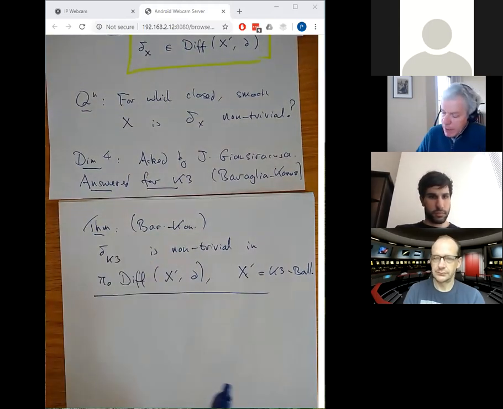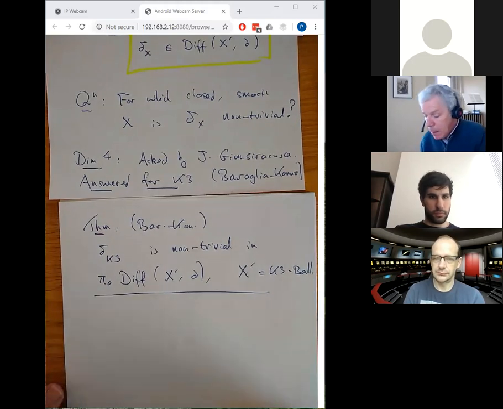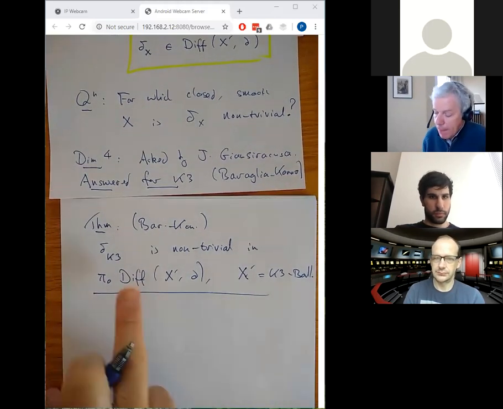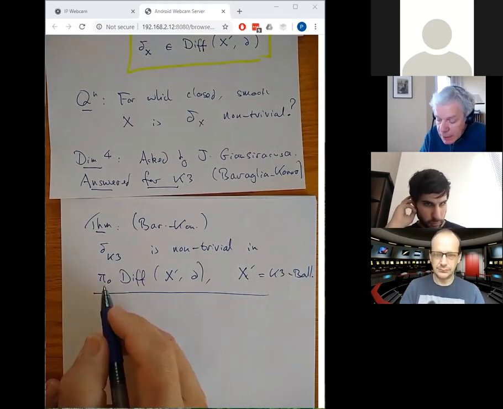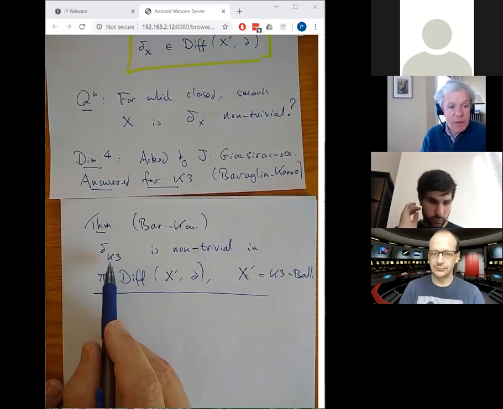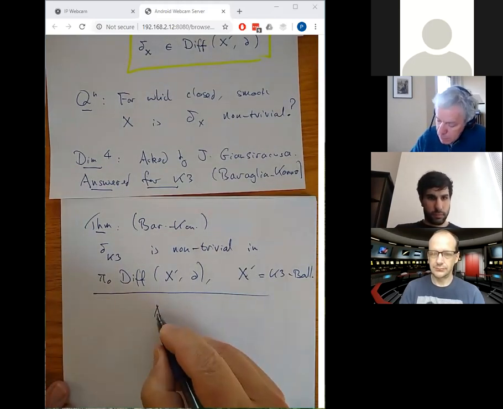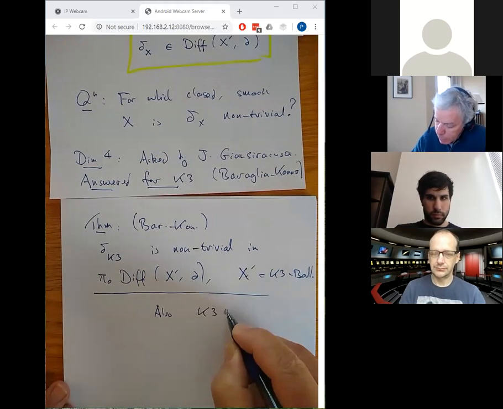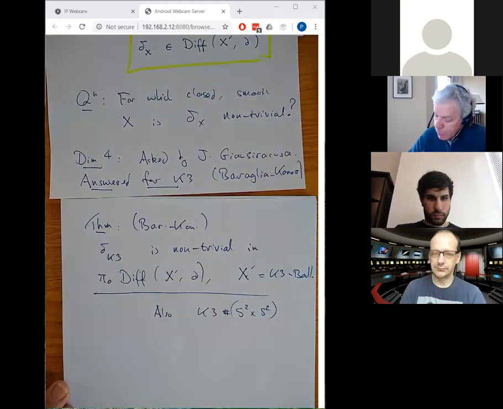Generally, we know very little about this question, I think. From Jianfeng Lin's talk a couple of weeks ago, you can deduce the same result for a slightly more difficult case, which is not just the K3 surface, but the K3 connect sum S2 times S2. So that's a corollary of his result.